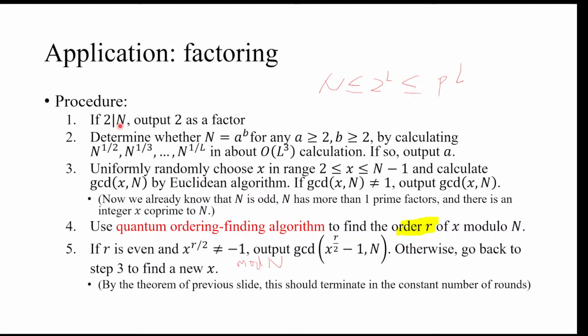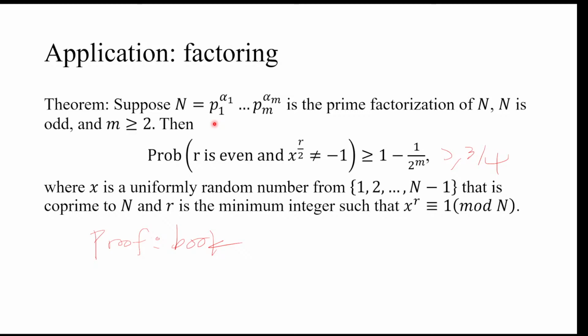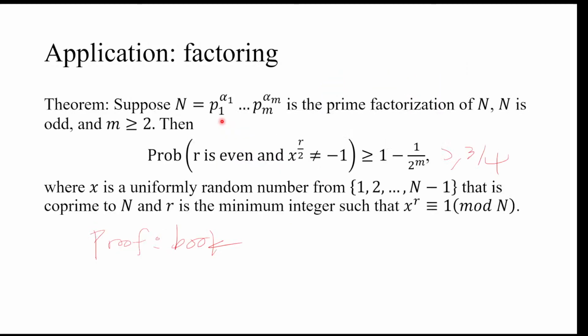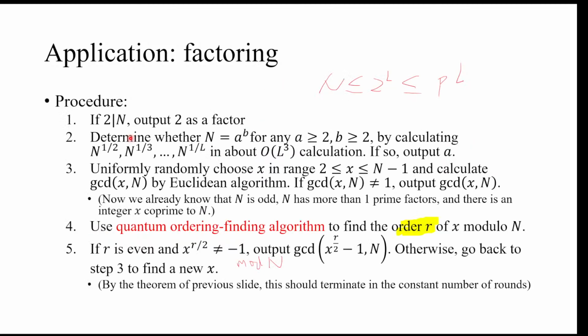So first you need to check that 2 is not your factor, and it's easy to check. And if 2 is not your factor, then to use this theorem, you want to have more than one factor. So you want your n not to be just 1 prime to some power.